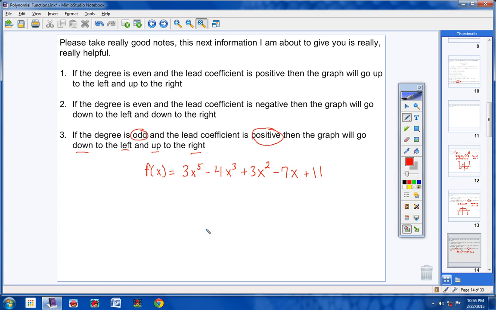Now while you're copying this down, please notice this polynomial function is written in standard or general form, okay? Totally and completely. Alright, so with that in mind, if I asked you what the degree was, go to the highest exponent, and we have a 5th degree.